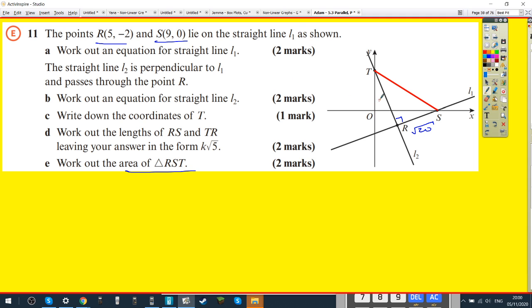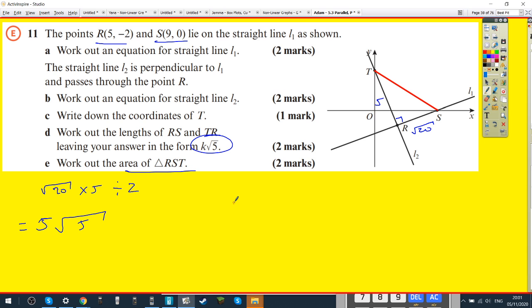Let's just say it's 5 or something. How would you find the area? Base times height divided by 2. So it'd be square root of 20 times 2 times 5 divided by 2, which is 5 root 5 or 11.2.